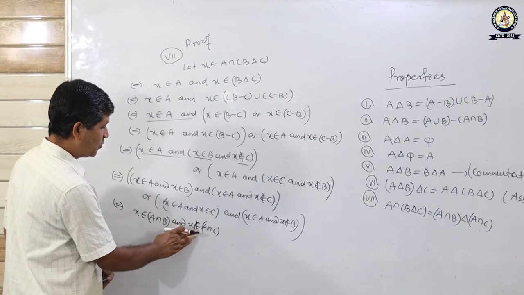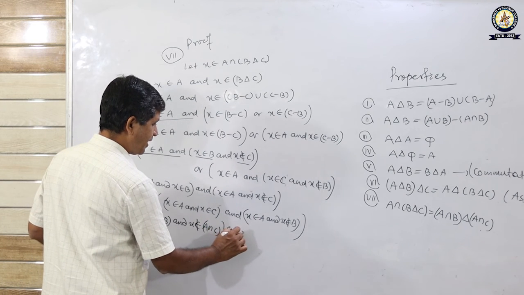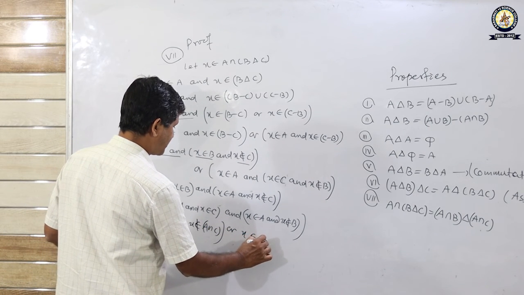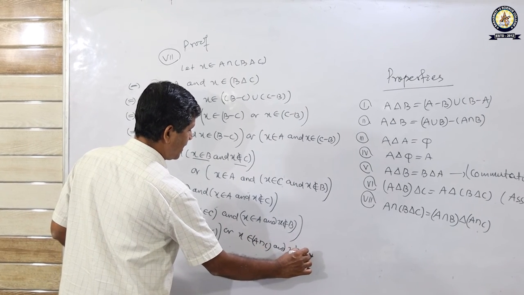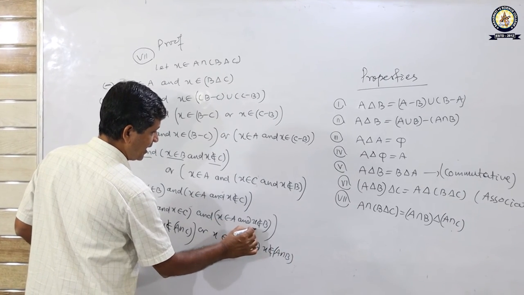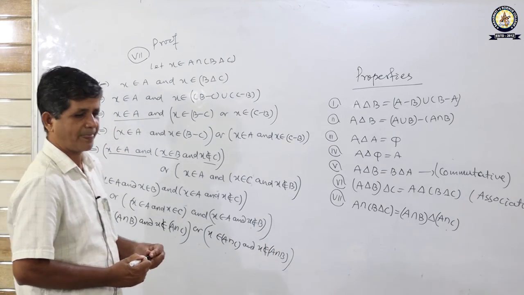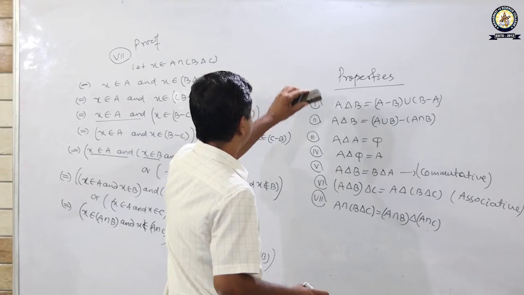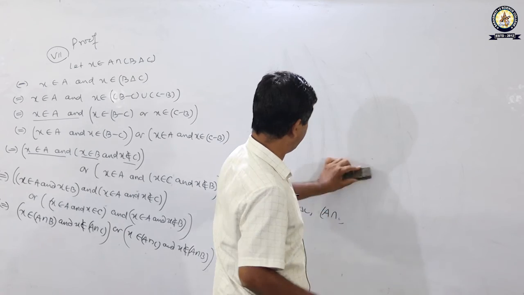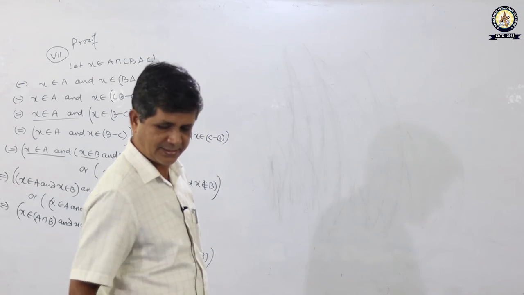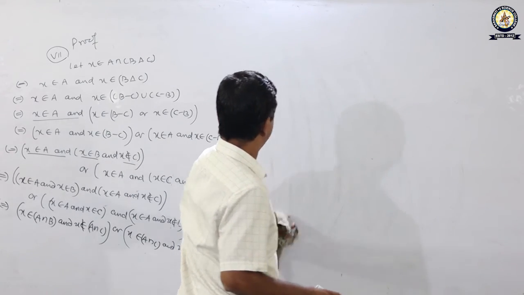For that reason only we write X does not belong to A intersection C, or X belongs to A intersection C and X does not belong to A intersection B. X belongs to A and X does not belong to B means X does not belong to A intersection C. So now we discuss if it is not in A intersection C but present in A intersection B, then what will be the next part?